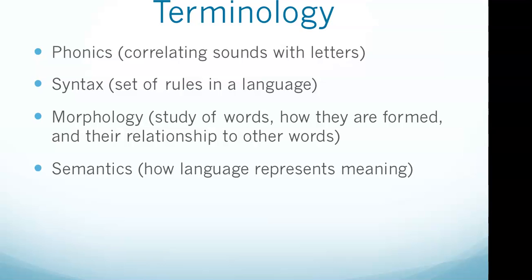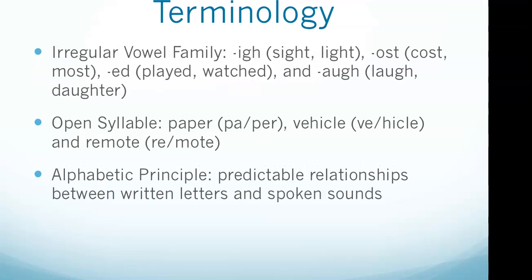Morphology is the study of words, how they are formed, and their relationship to other words in the same language. And finally, semantics is how language represents meaning. So the question could easily be, how does language represent meaning? Is it through phonics, syntax, morphology, or semantics? Being familiar with all four of those is important. We'll keep going here. We've got three other concepts and terminology.